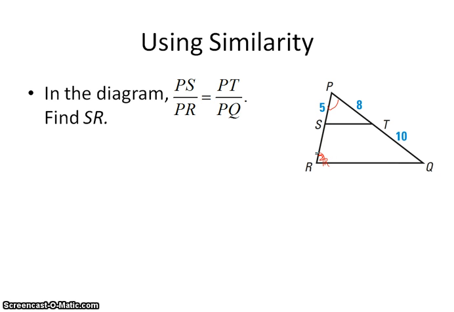All right, so PS, which is 5, to PR, which is x, because I really don't know what this distance is, so I don't know what this whole distance has to be, is the same as PT, which is 8, to PQ. And be careful here, because PQ is 18. So it's a part to the whole, a part to the whole. Now, if I cross multiply, I get 8x is equal to 90.